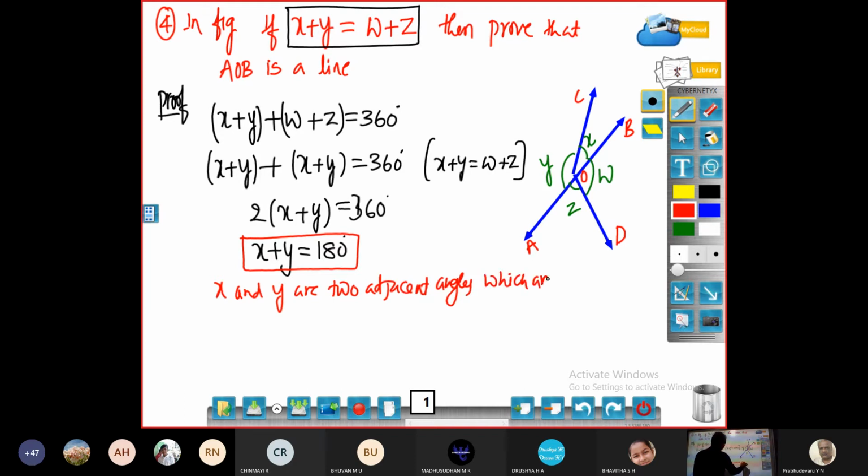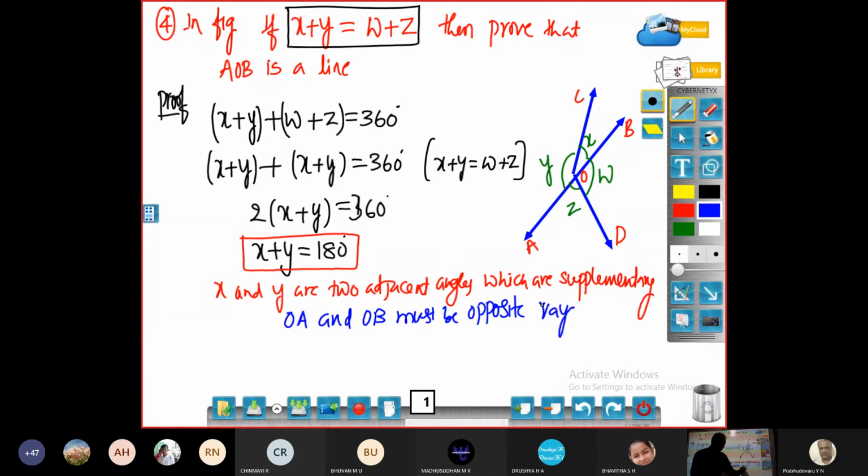Supplementary means they are making 180 degree. So once they are making 180 degree, what can you conclude now? Sir, they are linear pair of angles. So OA and OB must be opposite rays. Opposite rays means that must be a straight line. So it indicates that AOB must be a line.